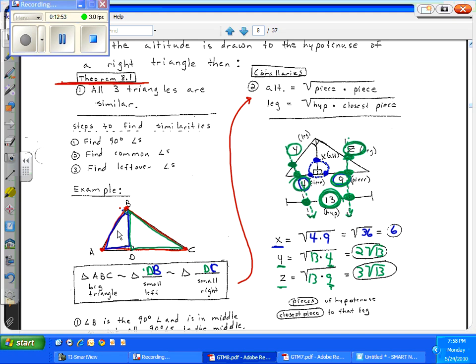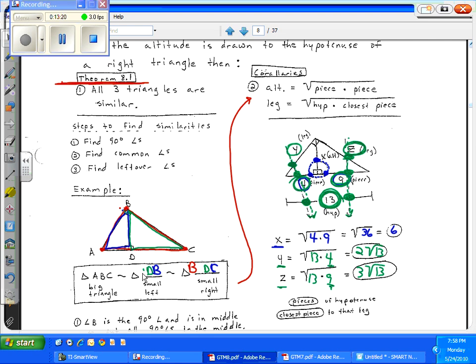The medium size acute angle, or the medium size angle here, is A. It would go with the medium size angle of the one on the right, B. And it would go with the medium sized one of the one on the left, A. So A of the triangle on the left is obviously the same angle as the big one.